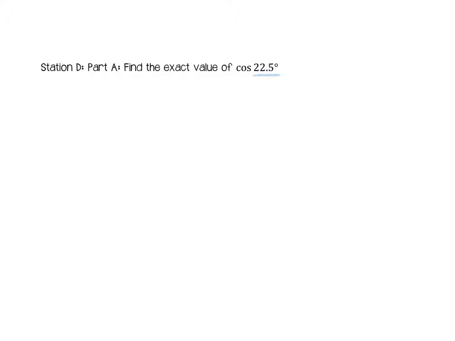Well, I know that 22.5 did not come just straight off my unit circle because nothing on my unit circle ends in 0.5. I also know for that same reason that I didn't have the sum or difference. So I know that I'm either dealing with a half angle here or a double angle.